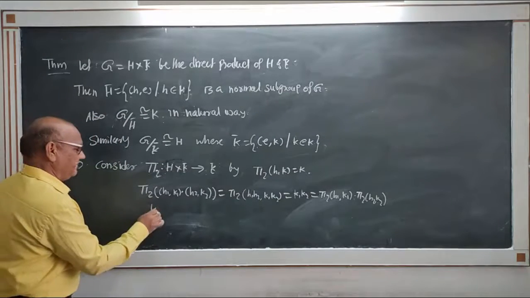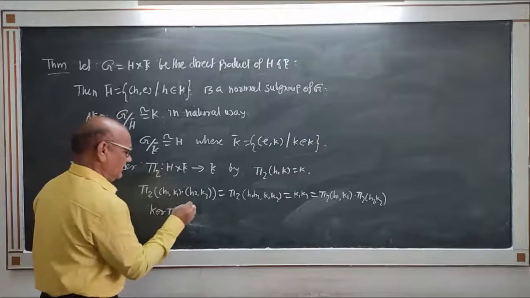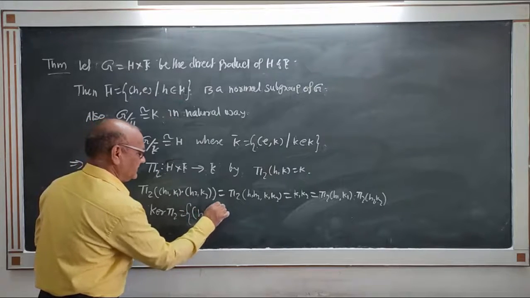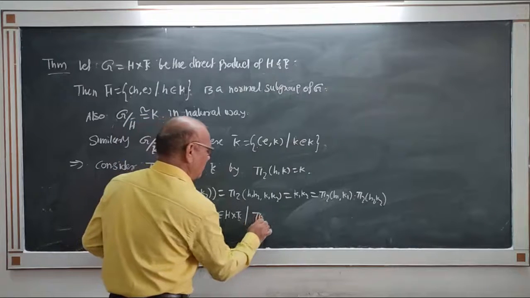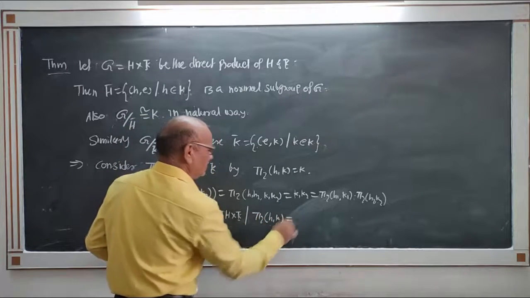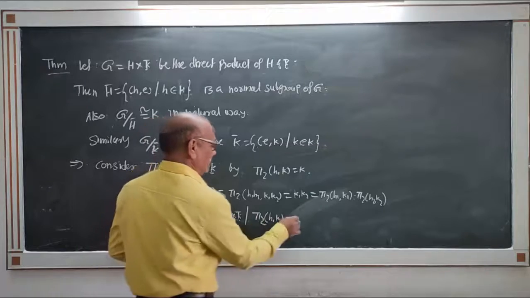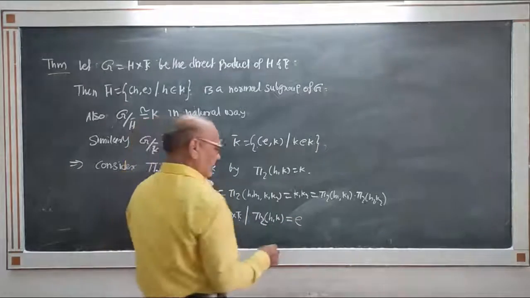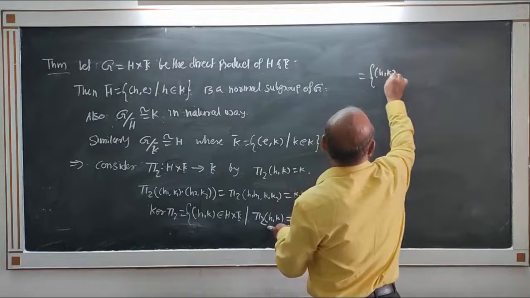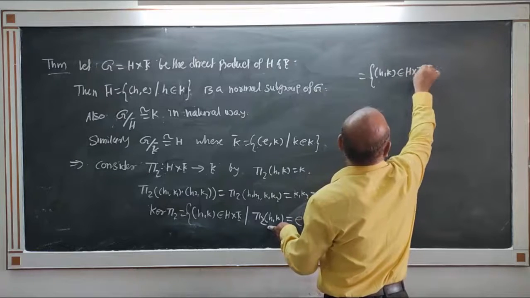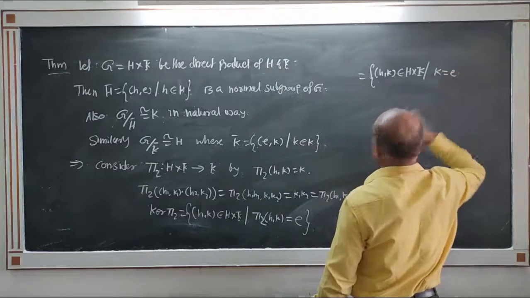Homomorphism. And here the kernel of pi 2 is those elements (h, k) belonging to H cross K such that pi 2 of (h, k) is equal to the identity e of K, that is k is equal to e.